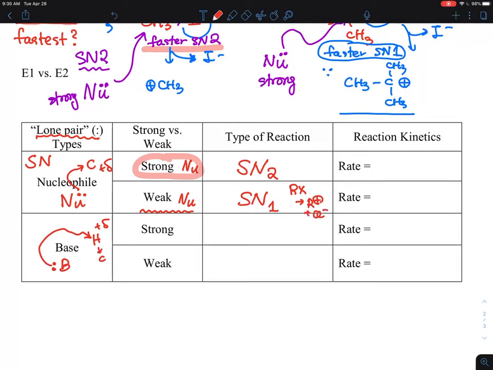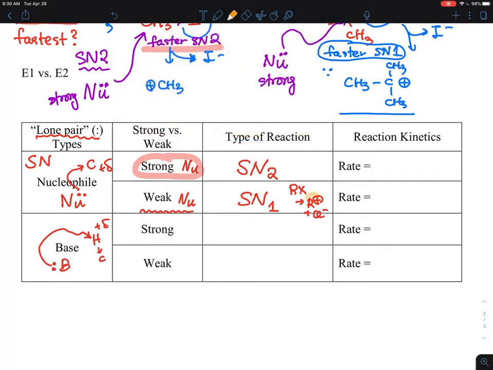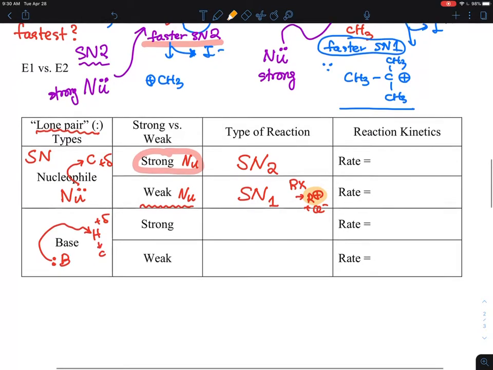That's the rate determining step, a unimolecular step generating the carbocation. You remember there are a lot of problems we covered on this. When you make the carbocation, carbocation rearrangement is possible. So that is an idea.